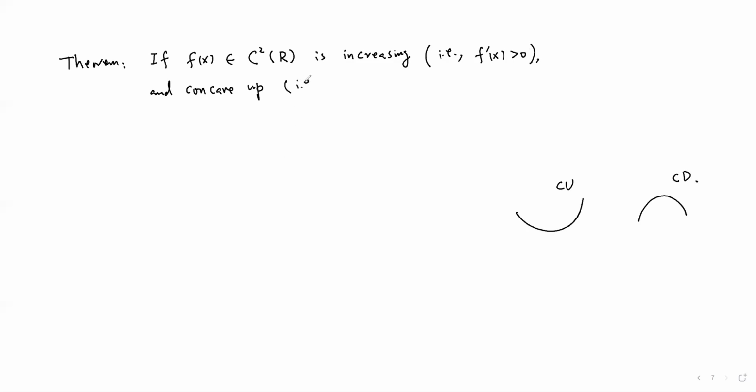In other words, the second derivative is greater than 0. And also we assume the function f has a 0. In other words, this equation has a root.